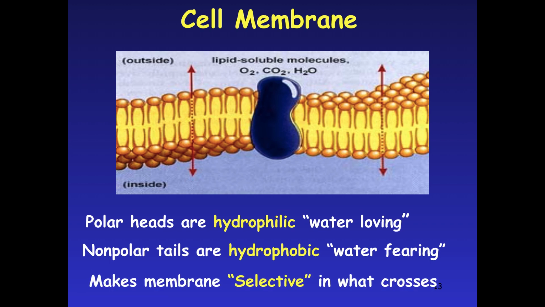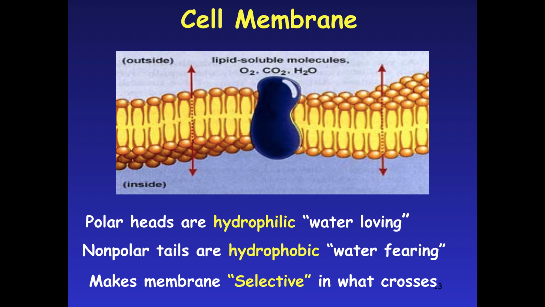Okay? The point about these phospholipids, right, with the polar hydrophilic head and the non-polar hydrophobic tail, is that they make the membrane selectively permeable about what can pass through, right? Obviously, water's not going to be able to pass through that easily. It's going to need some help.